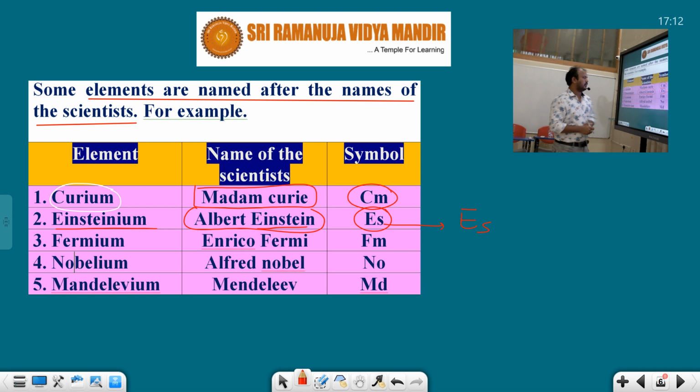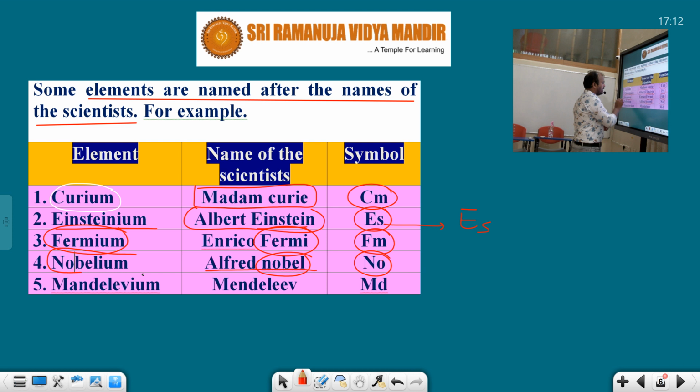Fm is Fermi. After that, Nobel, Alfred Nobel. He prepared the dynamite, a very explosive material. From the scientist Alfred Nobel's name, the symbol No is given. No stands for the element nobelium. It is derived from the scientist's name Alfred Nobel.